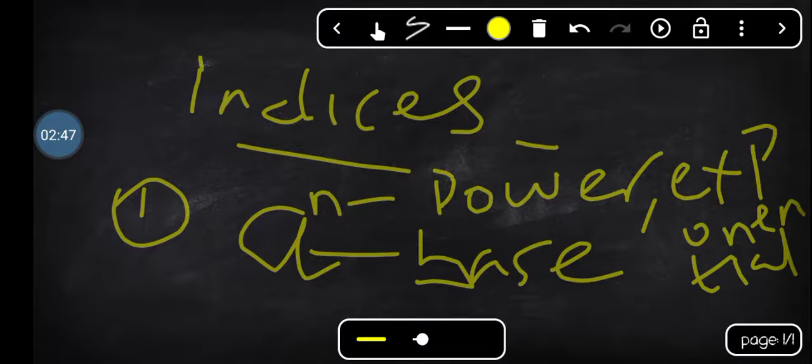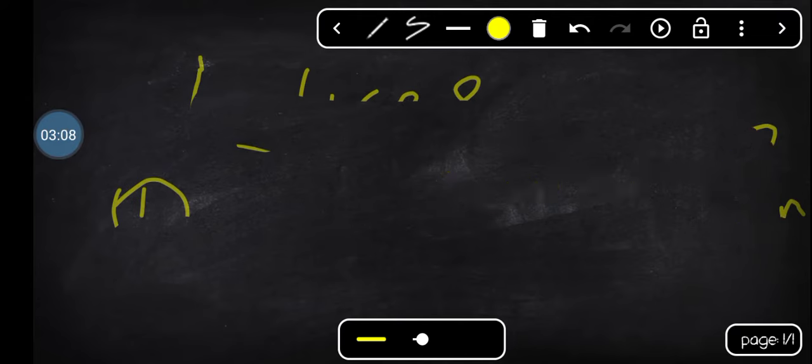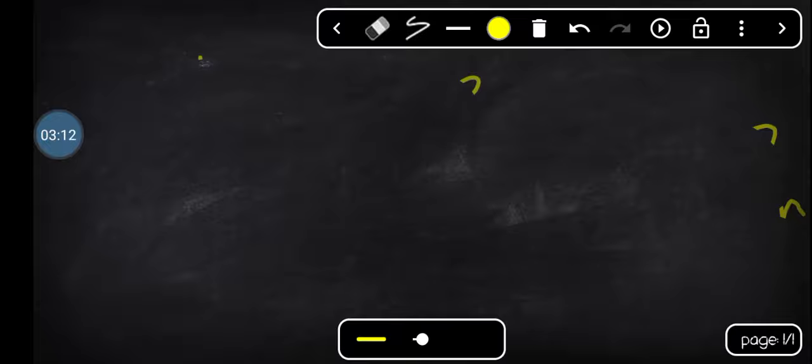So the meaning of a raised to power n is that the value of n will determine the number of times a will appear. Let's take, for example, a raised to power 1.